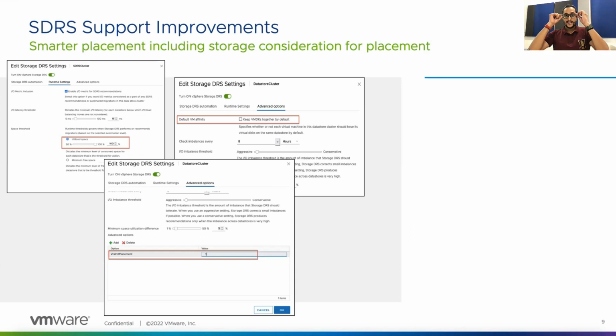But to get this working the way we want, you have to make a couple of configuration changes on the SDRS cluster. Very simple. One, the utilized space: as an admin, you usually never set it to 100%; you always keep a 10% buffer.